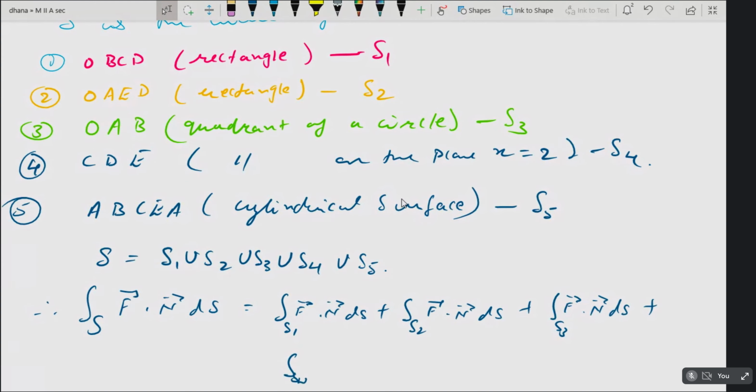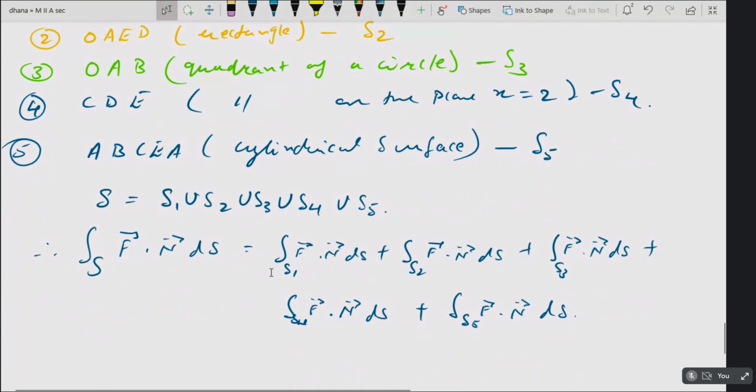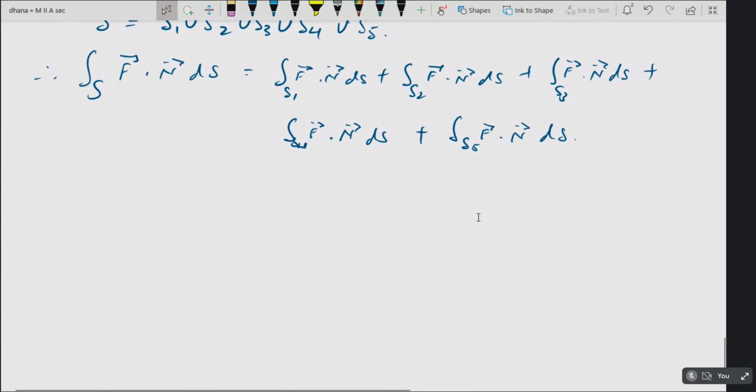Similarly, S4 f bar dot n bar dS plus S5 f bar dot n bar dS. Understood? So all these 5 integrals you have to calculate over the surfaces S1, S2, S3, S4, S5. Okay? Understood till here, all of you? Yes, ma'am.